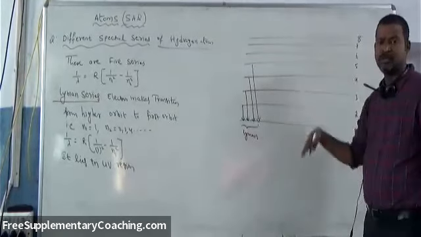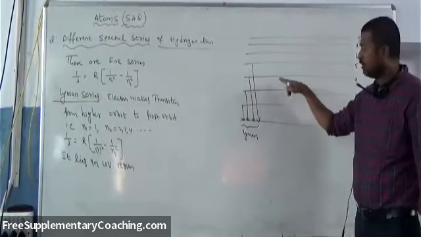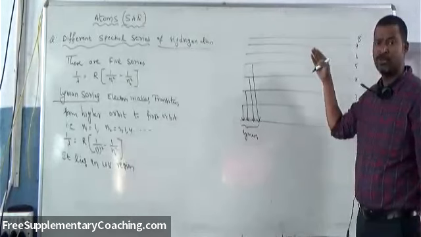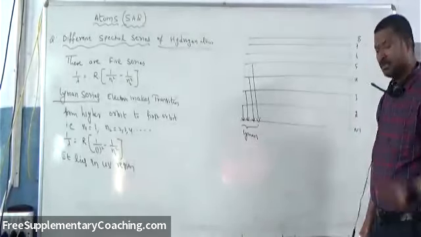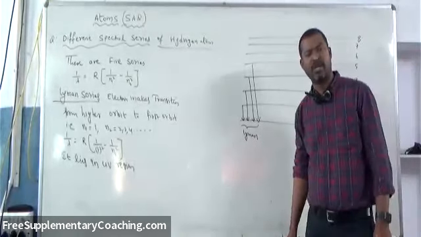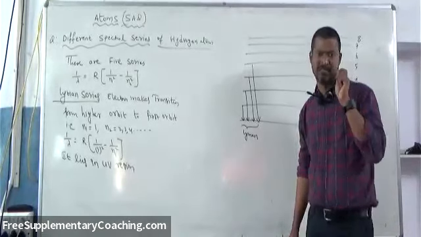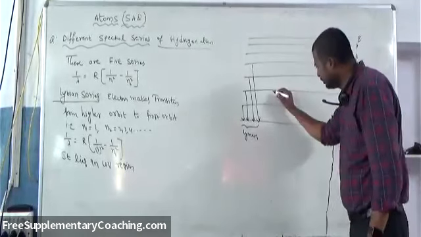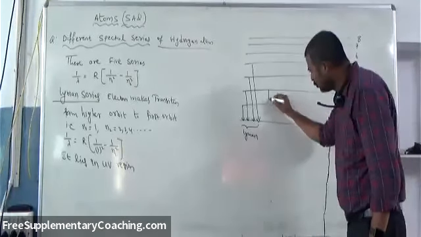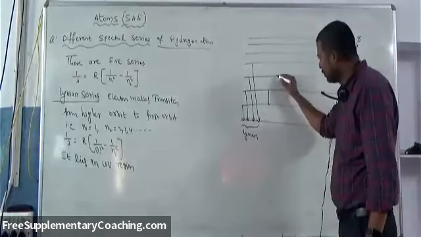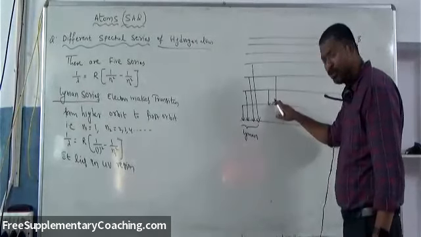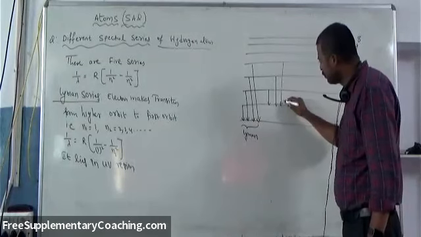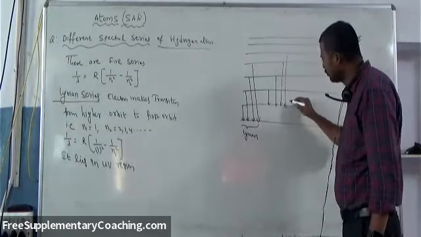That means 3 to 2, 4 to 2, 5 to 2, 6 to 2, like that. Higher than 2 to the second orbit. That series we call the Balmer series.